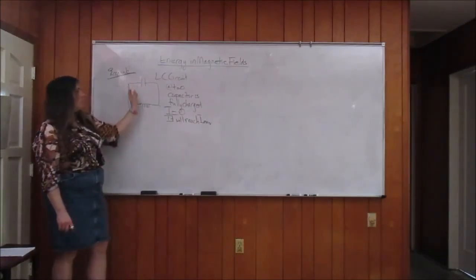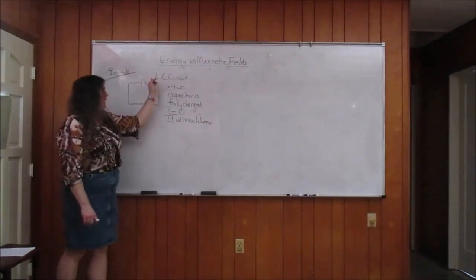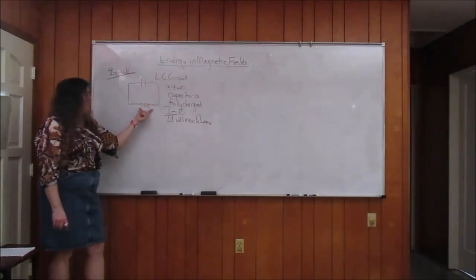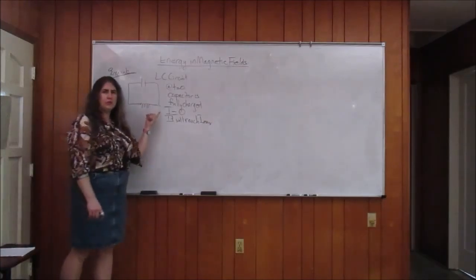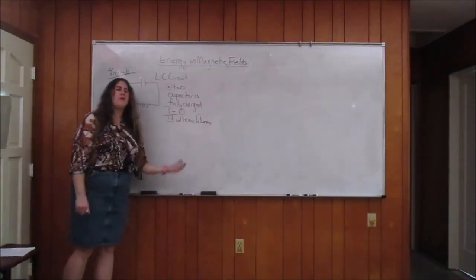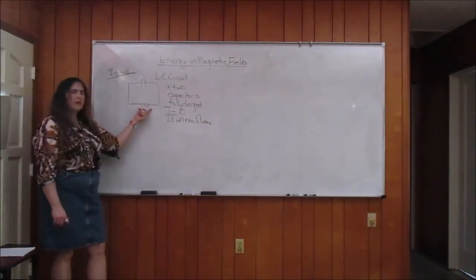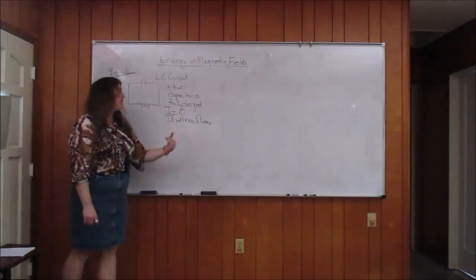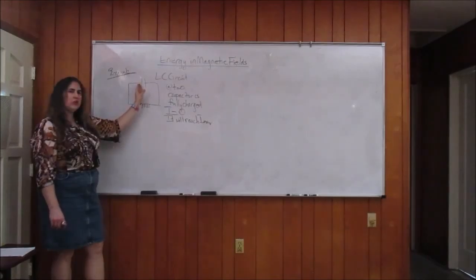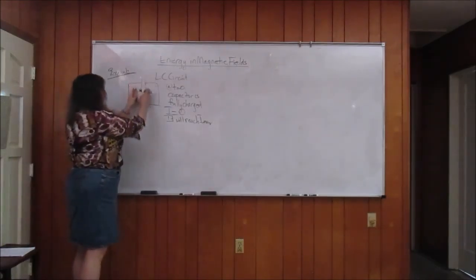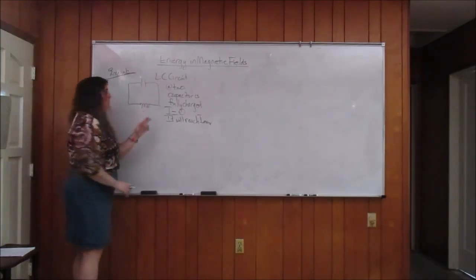So the capacitor is discharging after time 0, and the current is building up, so the magnetic field is also building up, and there'll be an induced EMF in the inductor tending to oppose that change. Okay? So this is discharging, and the energy in this electric field is decreasing.